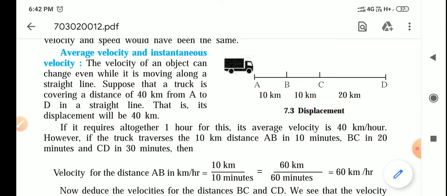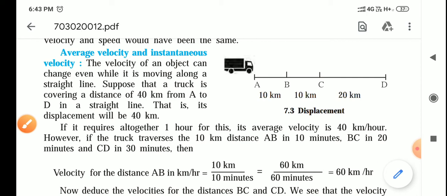If it requires altogether 1 hour for this distance AD, then its average velocity is going to be 40 km per hour, because what is the formula for velocity? It is displacement upon time required. So 40 km per hour will be the average velocity.